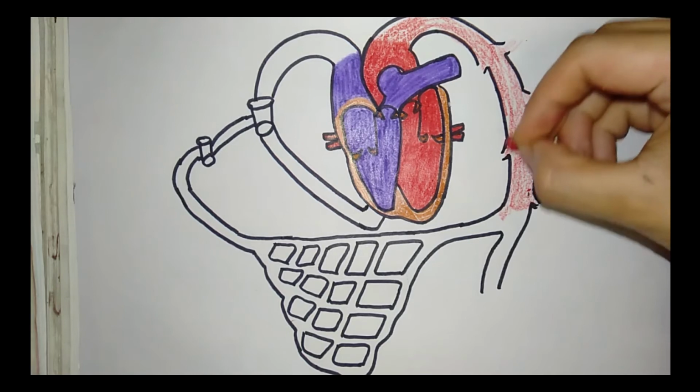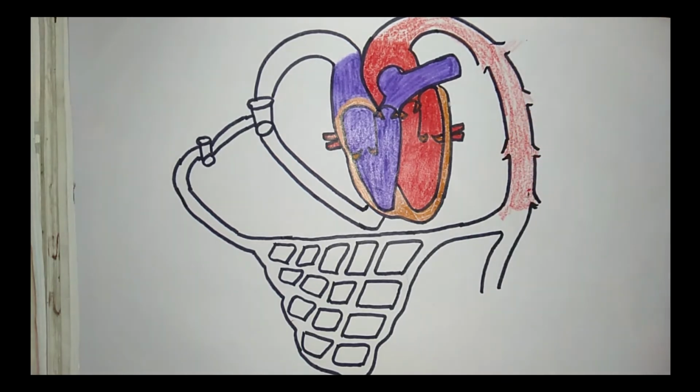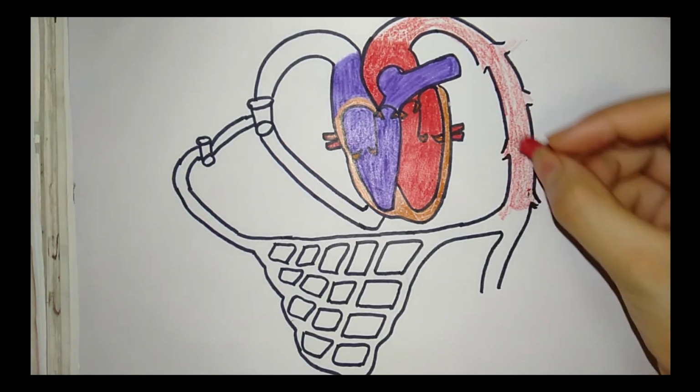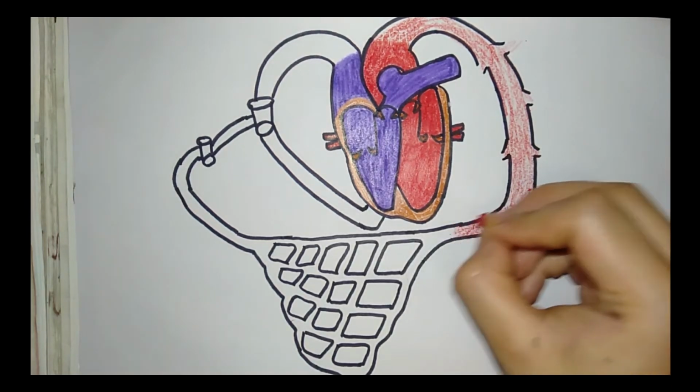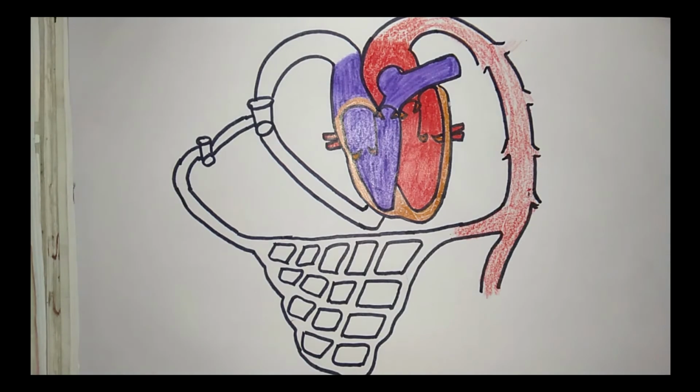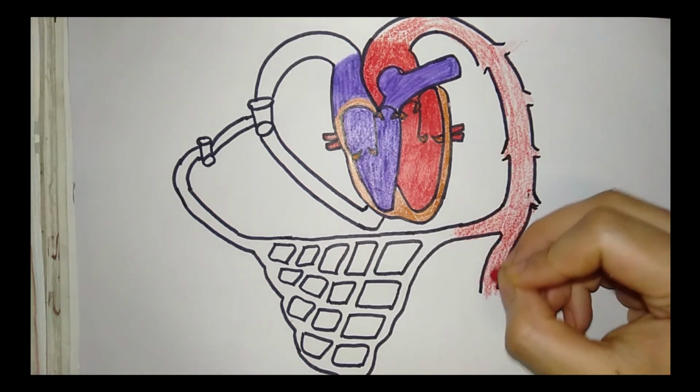And from the large artery, it is further divided into the medium-sized artery up to here. The medium-sized artery is also known as the muscular artery, because a lot of smooth muscles are found in the medium-sized artery.